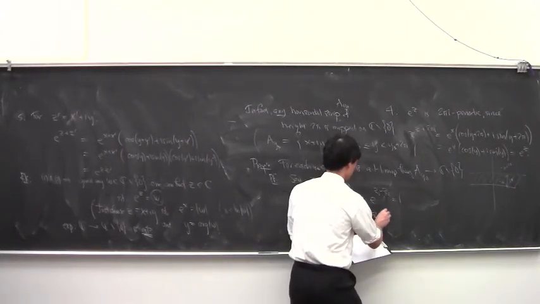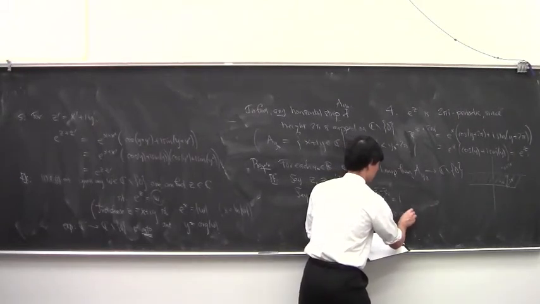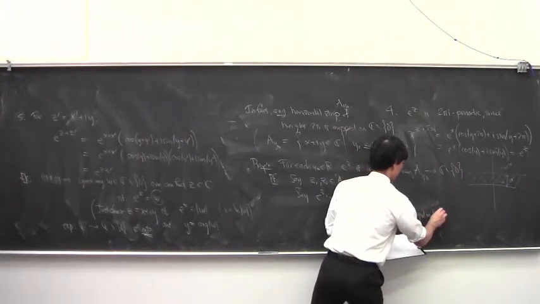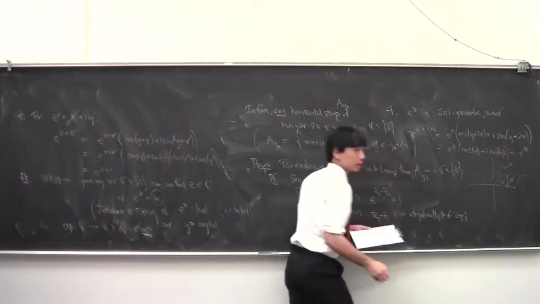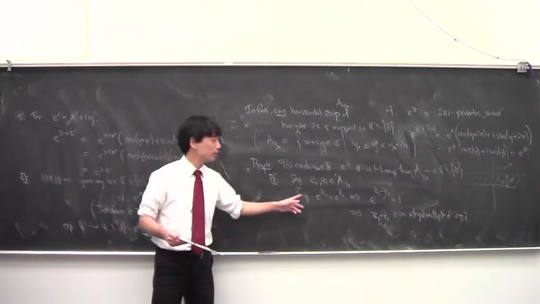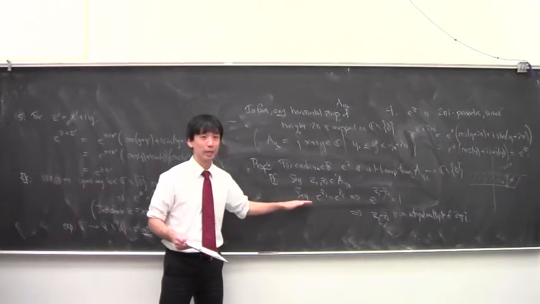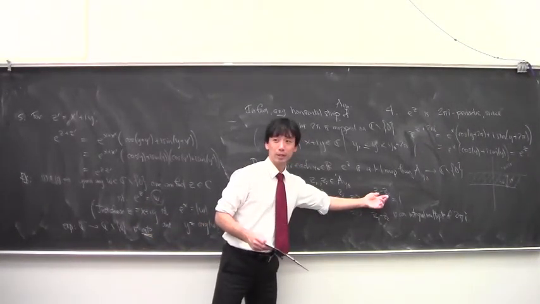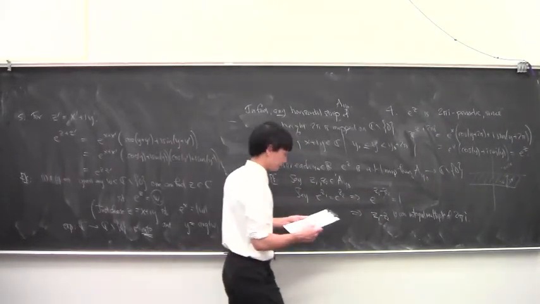That tells us that z1 minus z2 must be some integral multiple of 2 pi i. Because the thing that I just erased said that the only things that get sent to 1 are integral multiples of 2 pi i. So this thing gets sent to 1, and so it must lie in the kernel. It must be some multiple of 2 pi i.